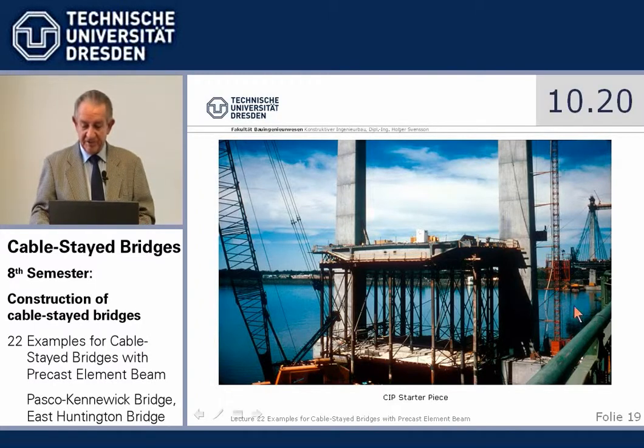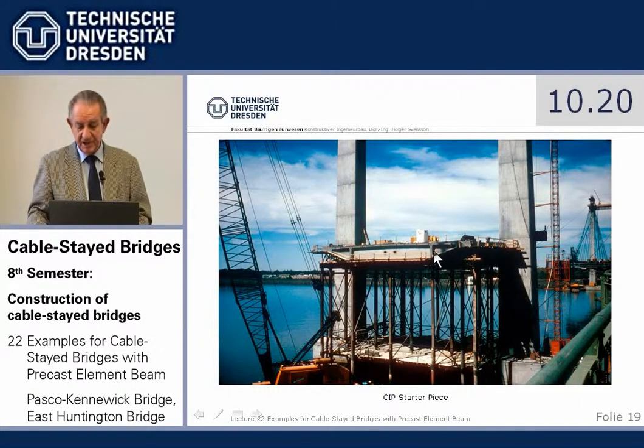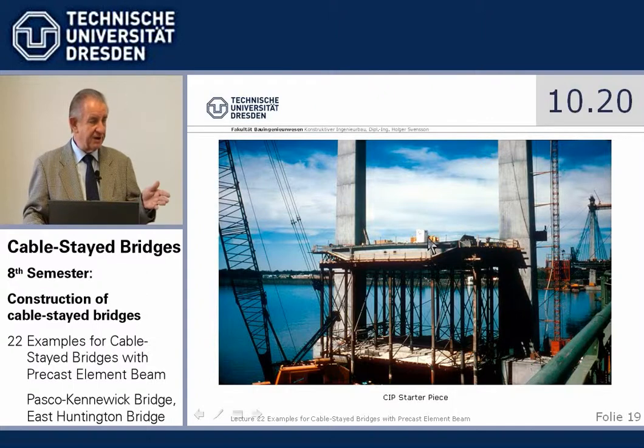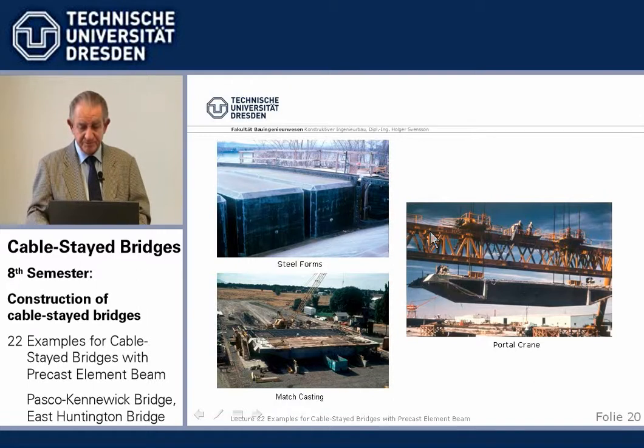So here we have then the starter piece of the beam, cast in place concrete. This is the first precast element, because here we have from behind we have to cast against, but here we have to glue the first precast elements against. So you have to do an intermediate piece.